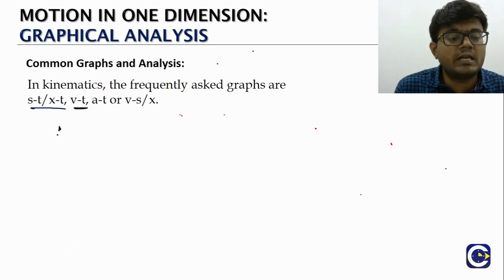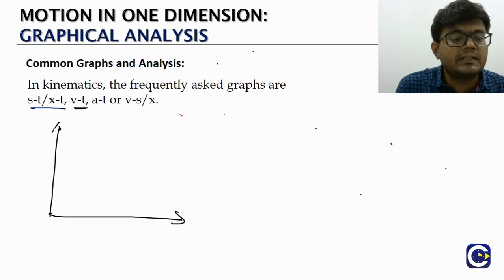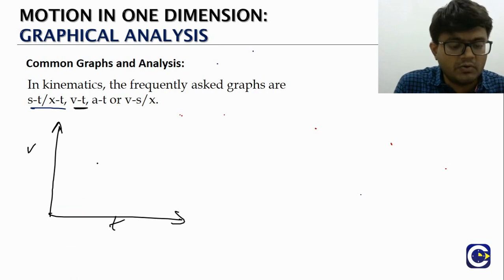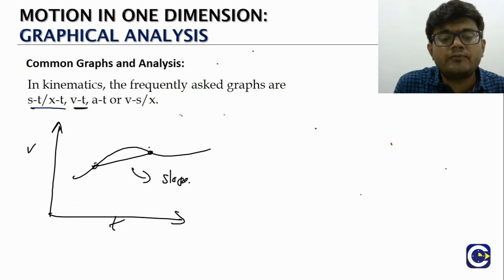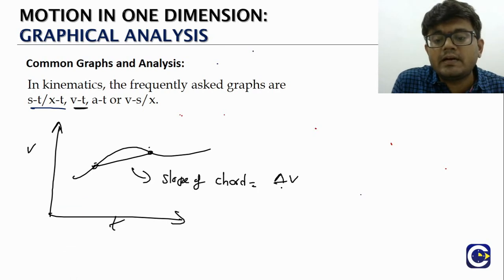If you have the velocity-time graph, with time on the x-axis, the same way, we have the curve over here. If you take 2 points and take the slope of the chord, it will give us delta v by delta t, that is the average acceleration.